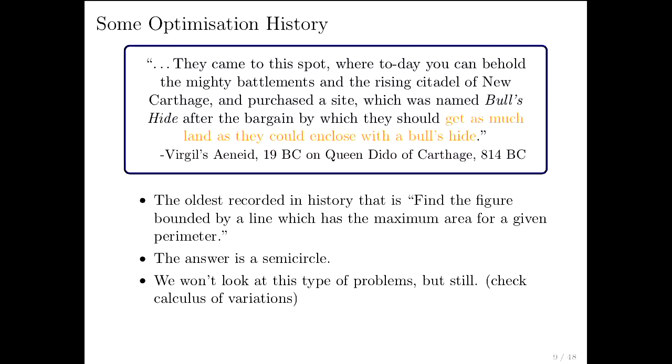But these sort of problems don't fall into the family of problems we investigate in this subject. They are infinite dimensional problems, and people who've studied calculus of variations study these sort of problems. But in the end, they are optimization problems. We can try to approximate them with the methods we talk about in this subject, but they belong somewhere else.